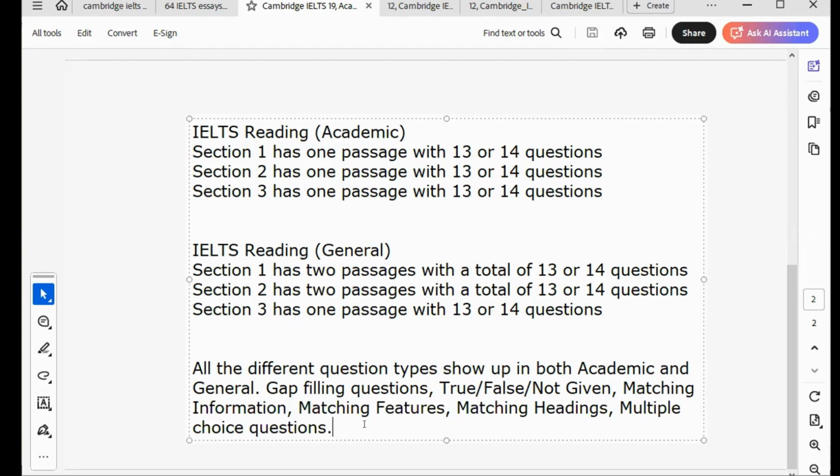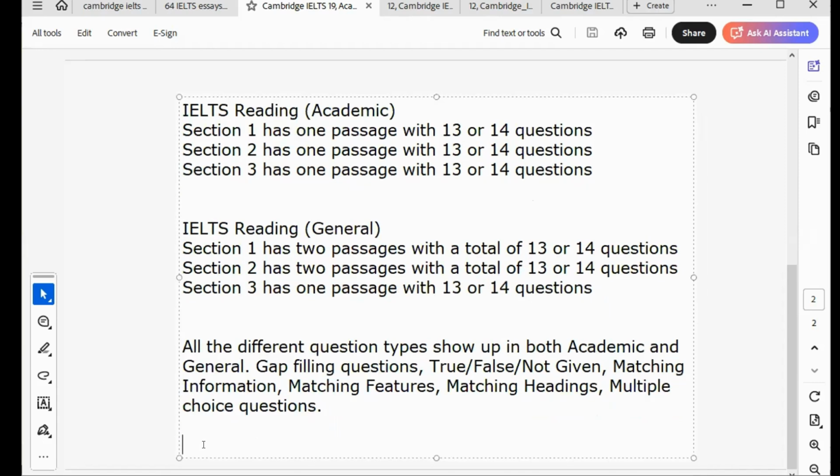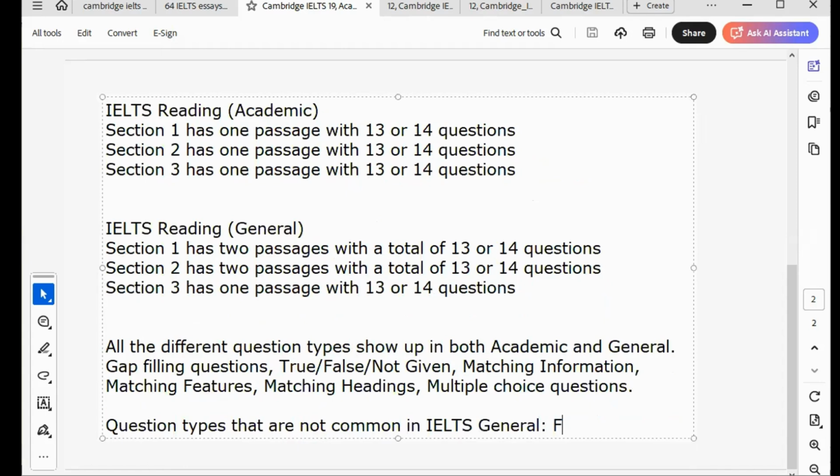Okay, let me give you one exception. Okay, this one is not common. I've not seen it. And I've solved a lot of reading questions, a lot. Okay, but what I've noticed is this: there are some question types that are not common in general. There are 3 of them. Question types that are not common in IELTS general. Number 1 is what I call fixed gap filling.